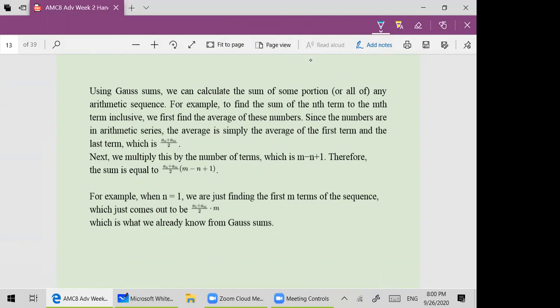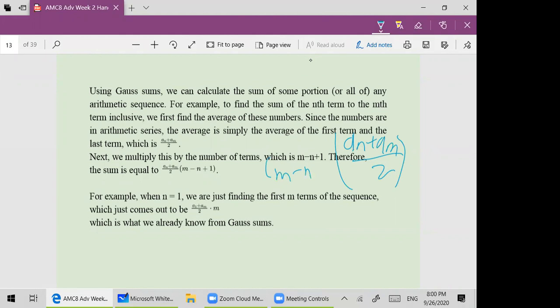Since the numbers are in arithmetic sequence, the average is simply the average of the nth term and the mth term, which is (a_n plus a_m) over 2. Next, we multiply this by the number of terms, which is m minus n plus 1.